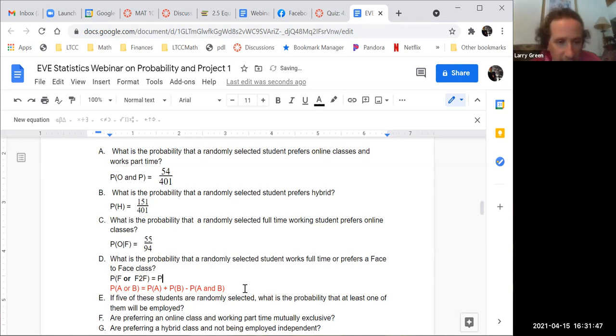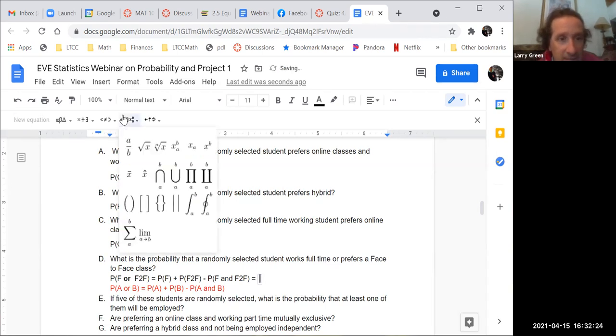So we just do it. That's the probability of F plus the probability of F2F, face to face, minus the probability of F and F2F. Any questions on using the big formula? Okay, so now I just do one at a time. And let's go new equation, make a fraction because probabilities are fractions.